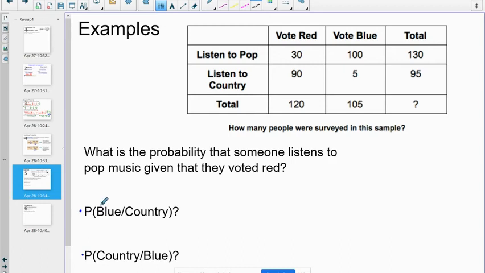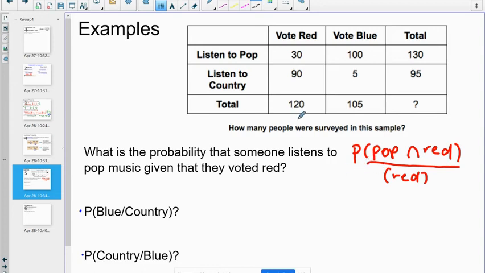So back to the first question, what is the probability that someone listens to pop music given that they voted red? So remember, it's the probability of pop and red over red. It always helps me if I write that out and then go to the table and fill it in.